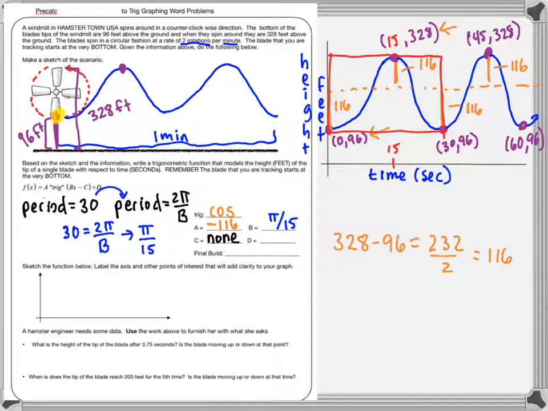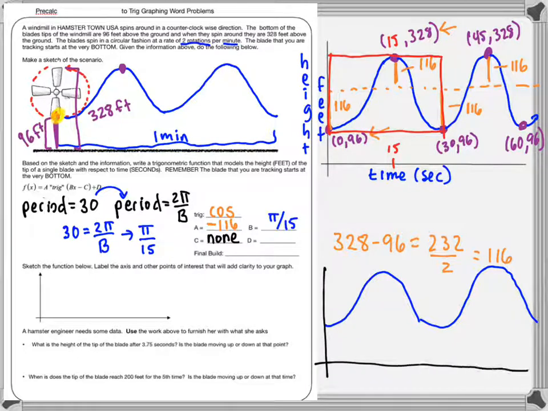However, we do have to determine how high up in the air this thing has been shifted vertically. So let's look at our graph. I'm going to do a real quick sketch of part of the graph right here, so we can put these pieces together. This is not to scale by any means. Right in the center there, this is going to be 116.